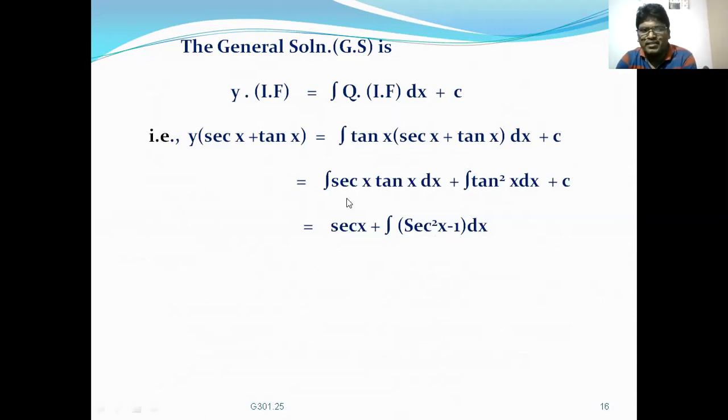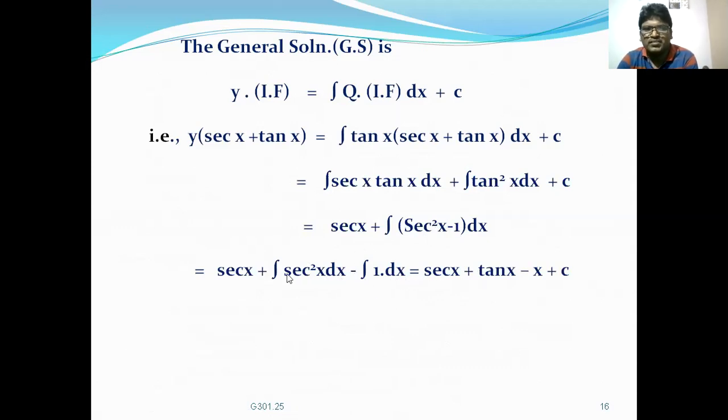Now it is ready to integrate. Integration of secant square x is tan x. Integration of 1 dx is x. So it becomes secant x plus integration of secant square x minus integration of 1 dx. Integration of secant x tan x is secant x, which is already there. Integration of secant square is tan x, and integration of 1 dx is minus x, plus c.